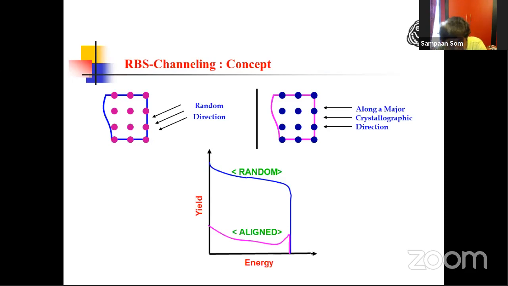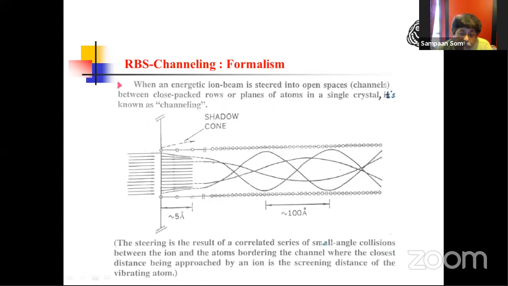It has to, because when the ions are aligned through the vacant spaces between the atomic strings, which are a few angstrom wide, there are very few scattering centers from which the incident projectile atoms can get backscattered. They get backscattered from deep within, where it is no longer a channel. Next slide, please.